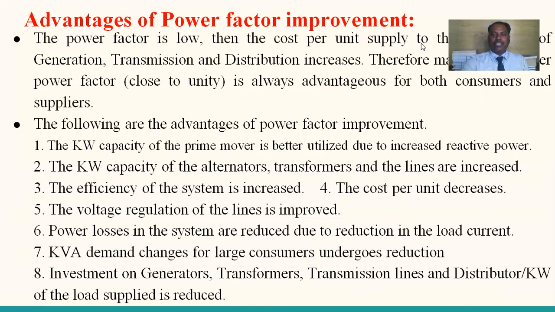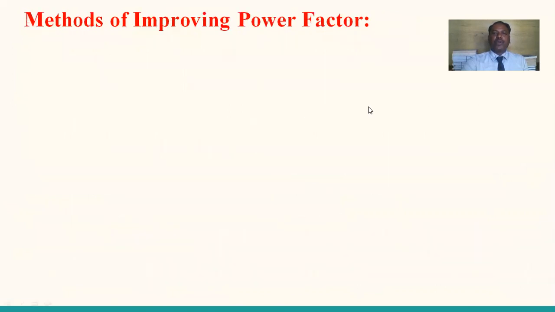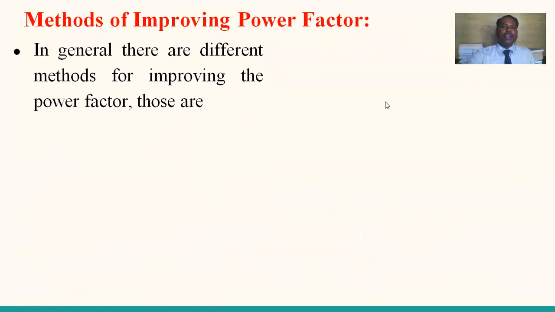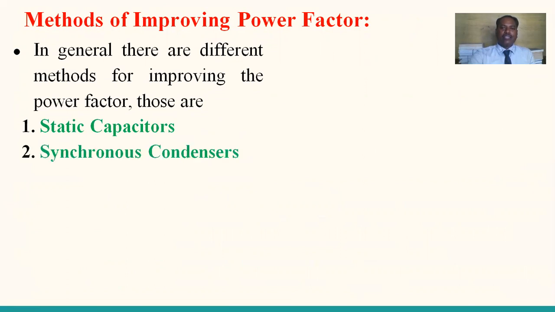So let us go for the next one, which is the methods of improving power factor. Generally, there are different methods of improving the power factor. Those are static capacitors, this is the first case; synchronous condensers, second case; and phase advancers, this is the third case.